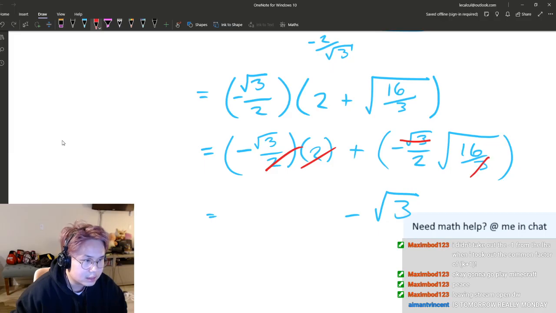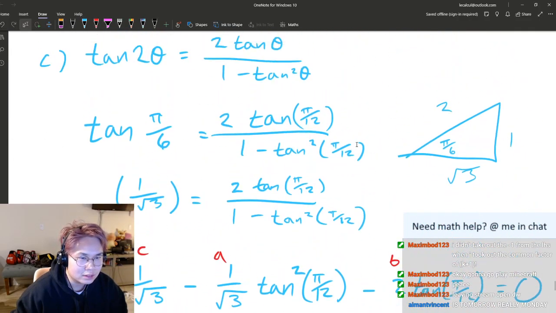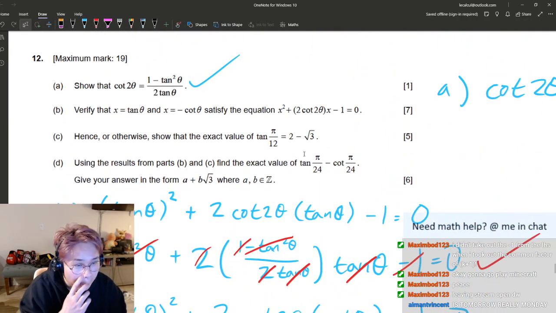This cancels with that. And then root 16 is 4. And 4 and 2 make 2. There's a minus though, so something went wrong somewhere.